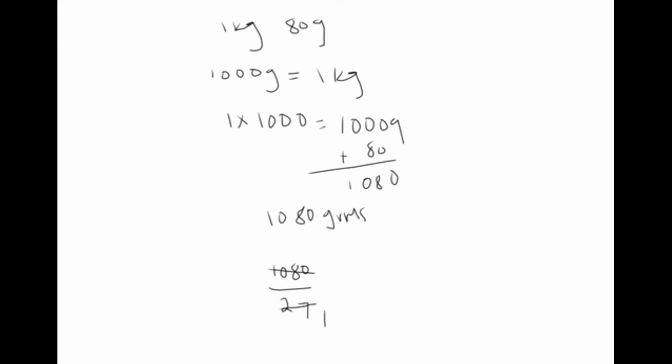By 27 we get 40. Therefore, we have 1 centimeter cubed is equivalent to 40 grams.